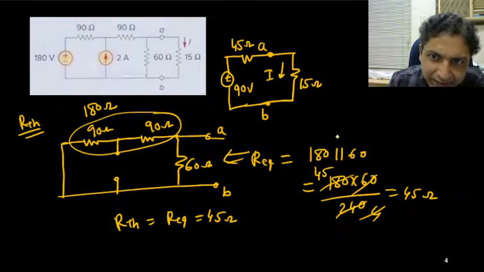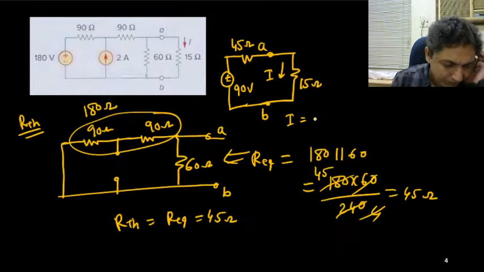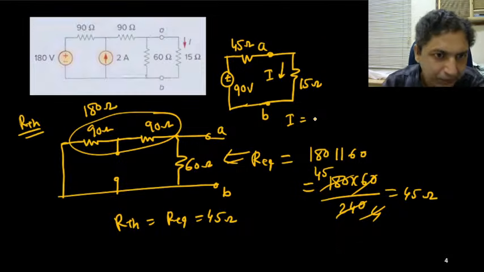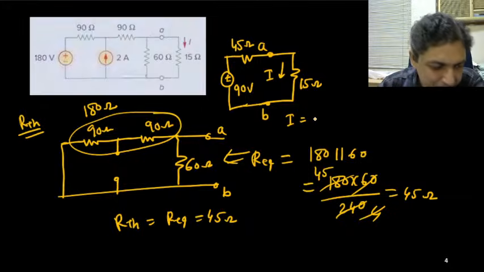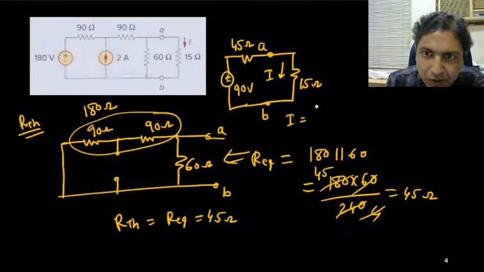So what is the current I? Anyone can find the current I now? This is very simple. Total voltage is 90 by total resistance. So I, this is a current through this loop only.